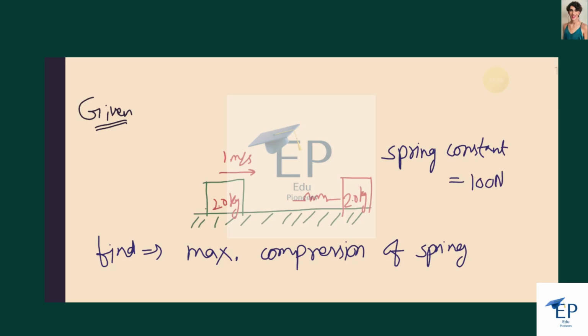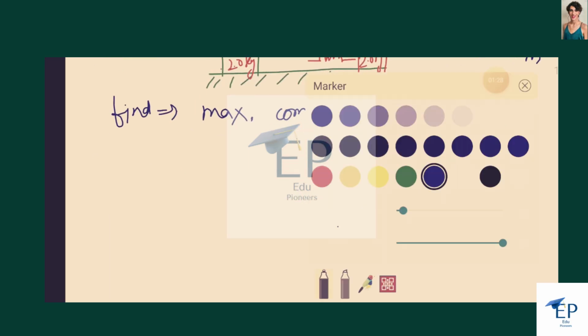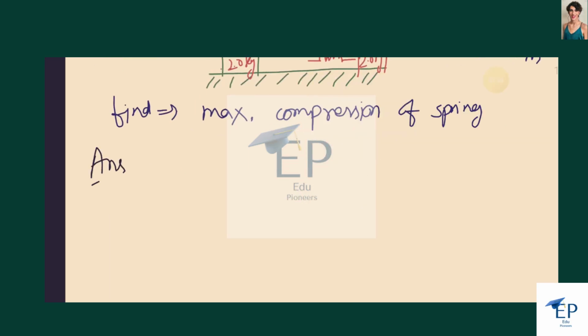Now let's start answering this question. The mass of the first block is Ma = 2 kg, and the mass of the second block is Mb = 2 kg.